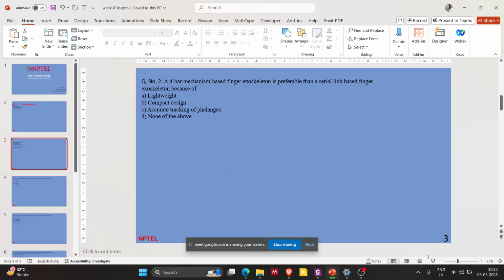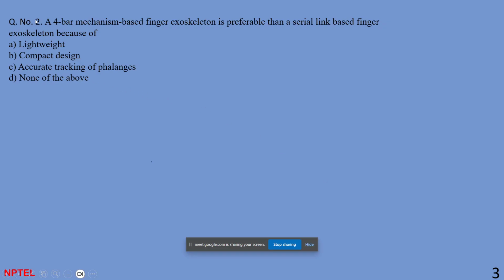Coming to the second question: a four-bar mechanism based finger exoskeleton is preferable to a serial link based finger.